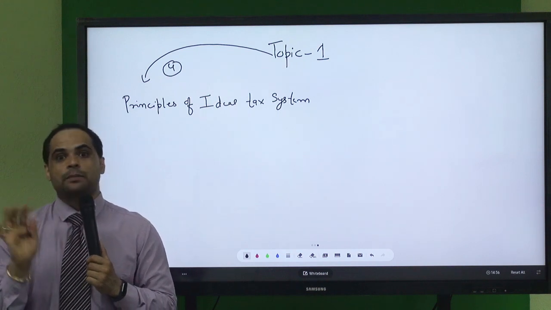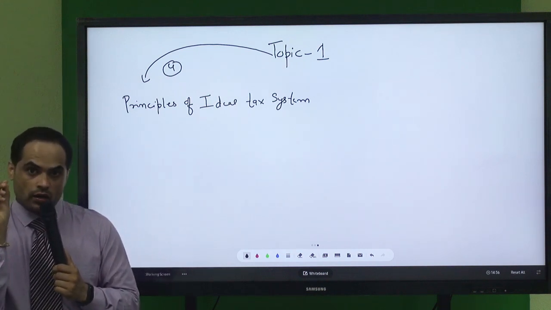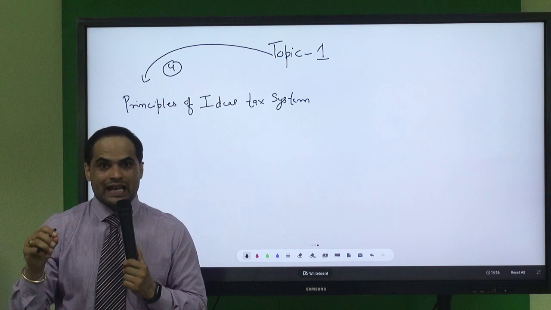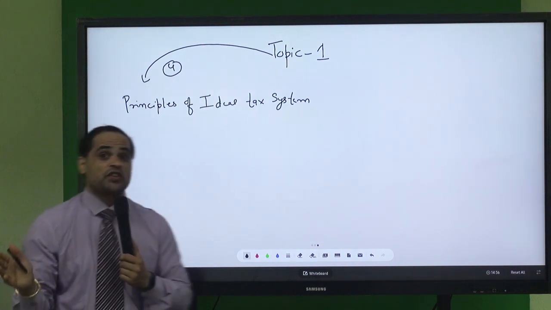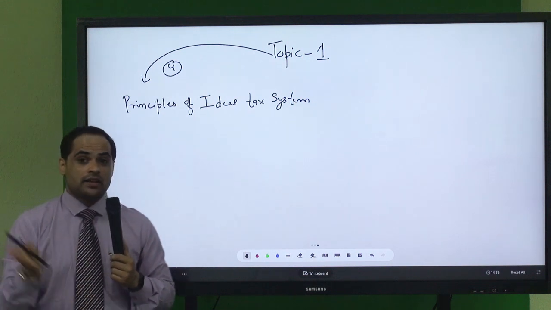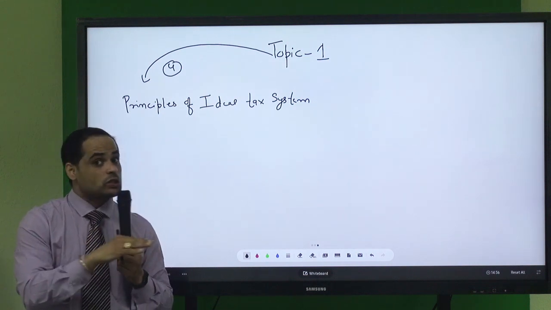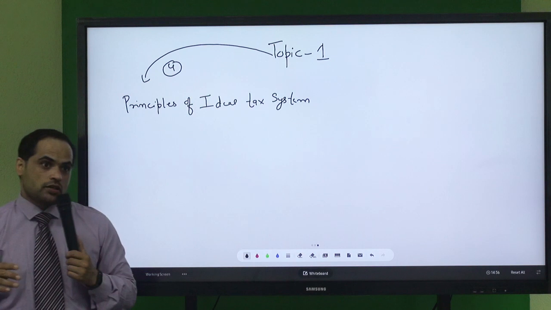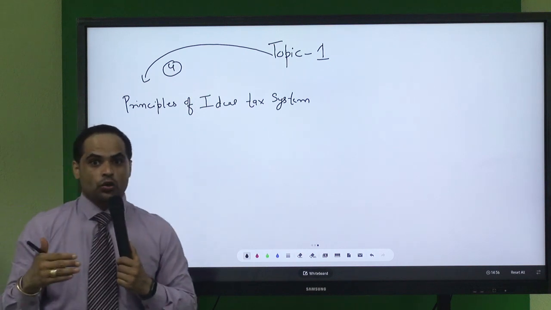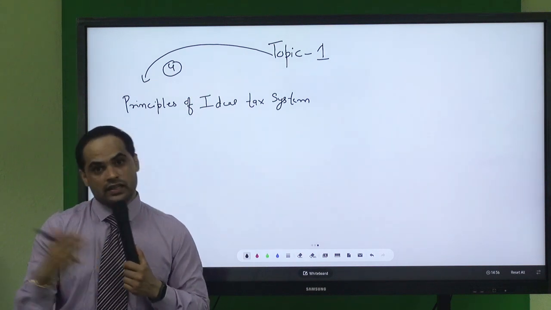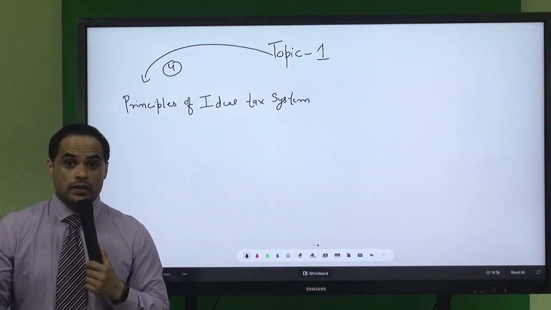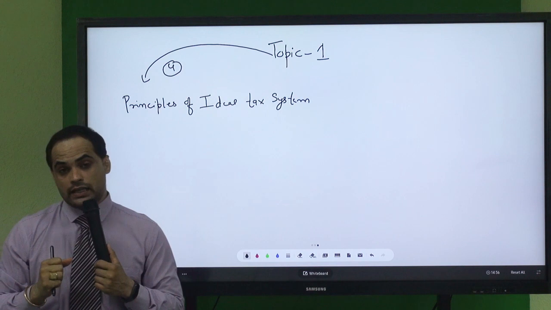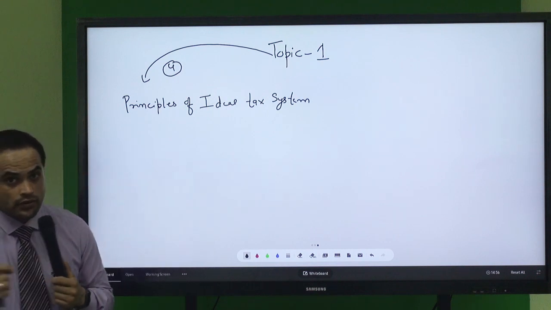All right. So what are the principles of that kind of perfect tax system? Of course, there is always room for improvement. That's why every time there is a revised version of the tax law. But make your efforts to improve the tax collection or tax implementation process in the particular country, right?